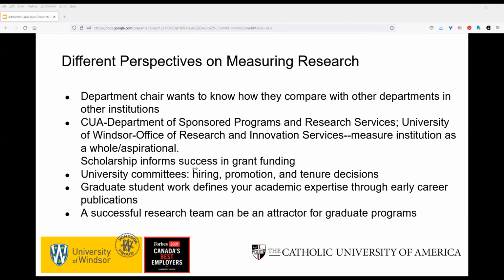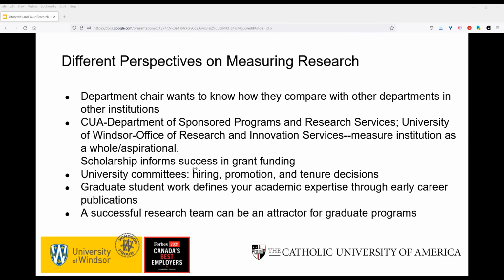At your institution, you may have a department of sponsored programs and research services, or an office of research and innovation services. They go by different names. They will be interested in measuring the institution as a whole and how well, say, Catholic and Windsor compete with aspirational peers. So the quality and quantity of scholarship will inform the measure of success in grant funding in that regard.